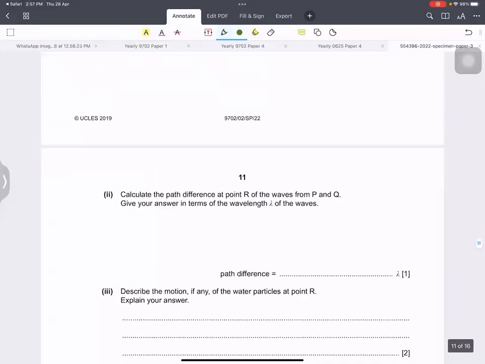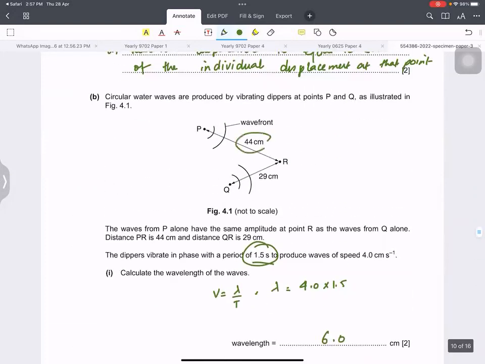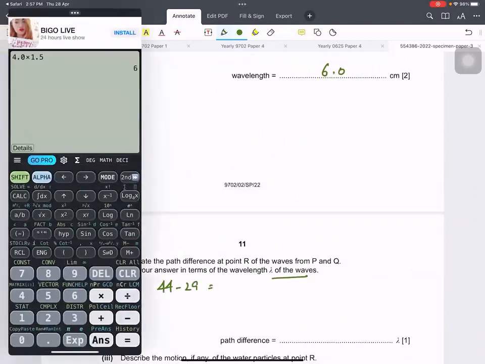And then calculate the path difference at R, PQ, in terms of the wavelength of the waves. Okay, so the path difference here, if you can see, 44 and 29. So 44 minus 29 would be the path difference, 15.